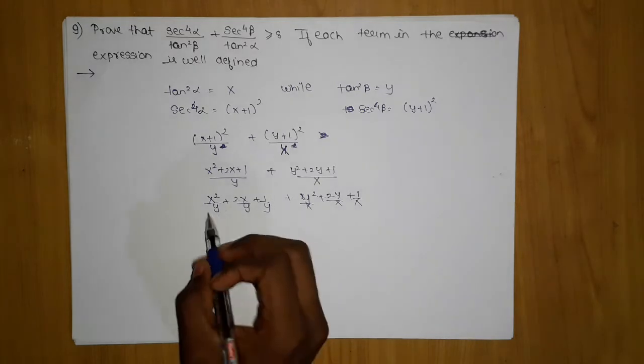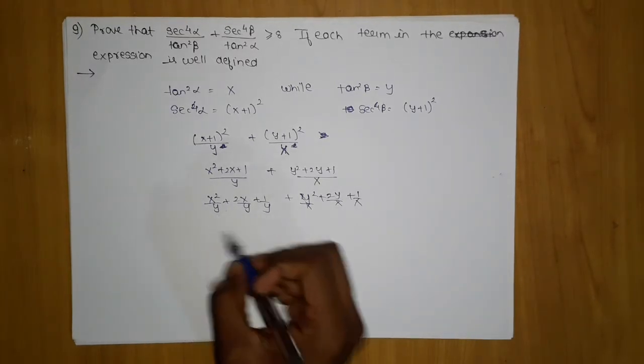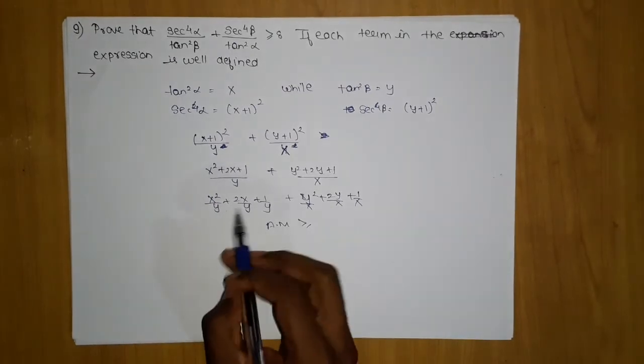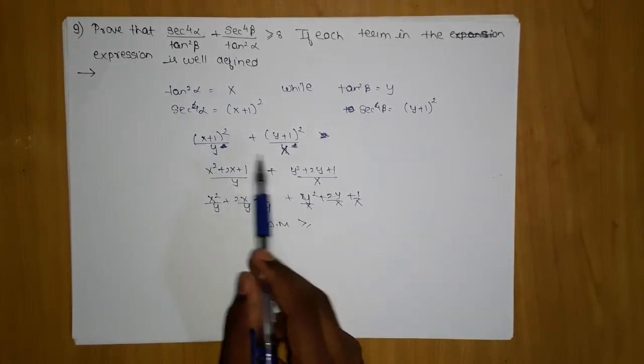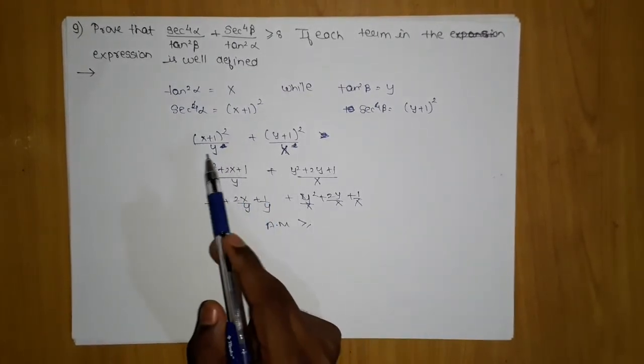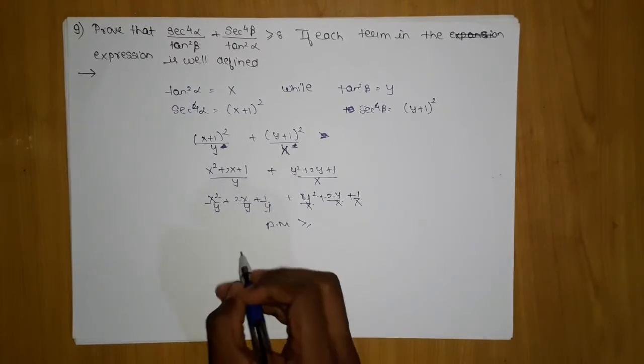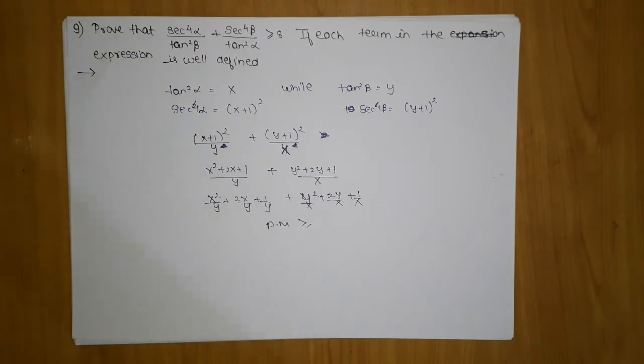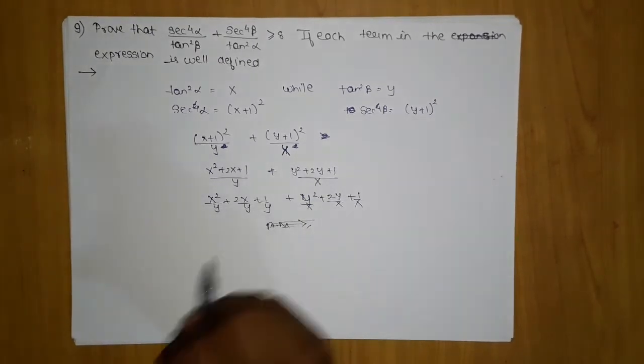If we apply AM greater than or equal to GM on these terms, we have only 6 terms here, but we want to create 8 terms.